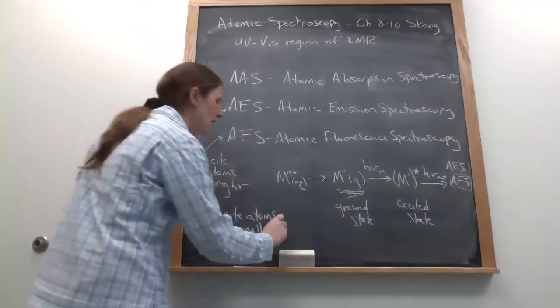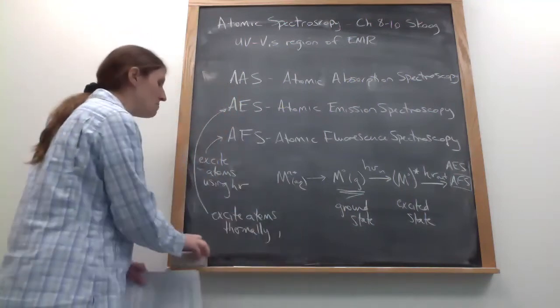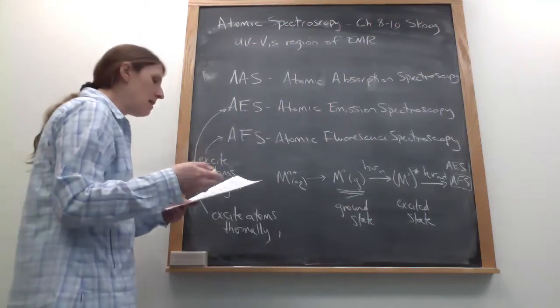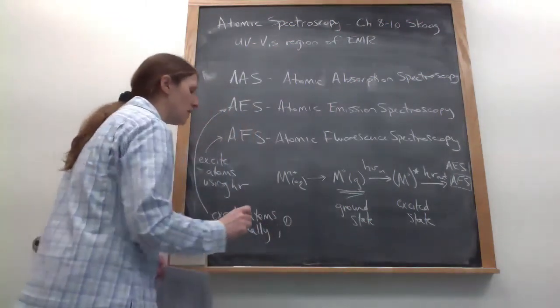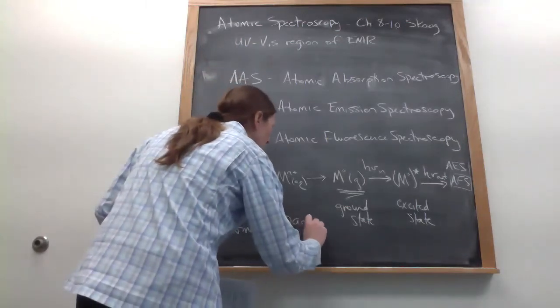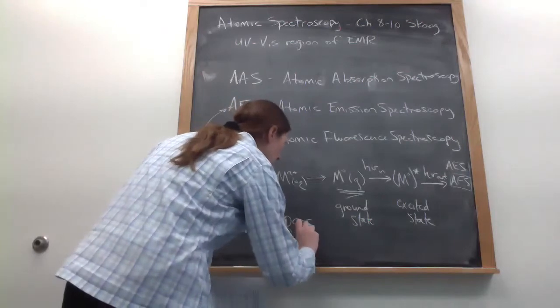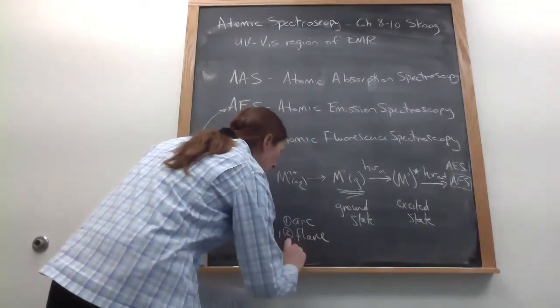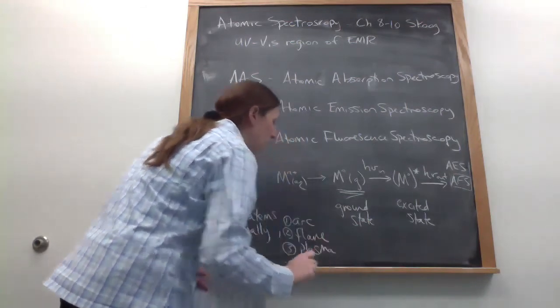There's various ways that we can excite atoms thermally for atomic emission spectroscopy. The three most common ways to excite atoms thermally are using an arc, using a flame, or, everybody's favorite, using a plasma, right?